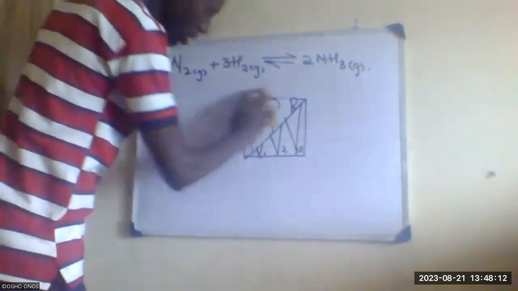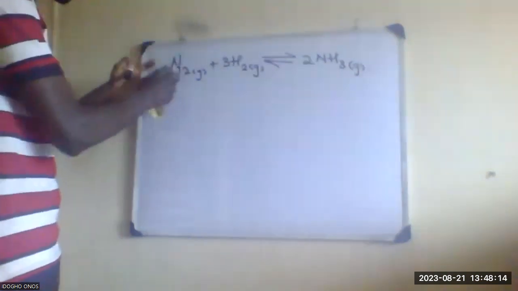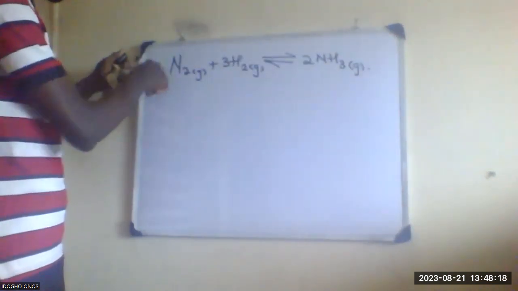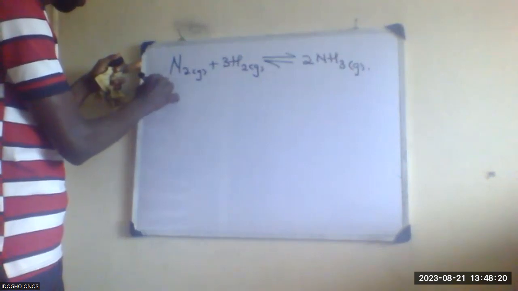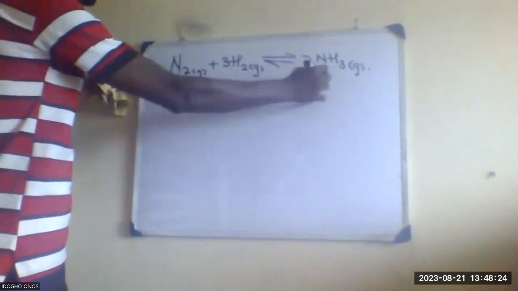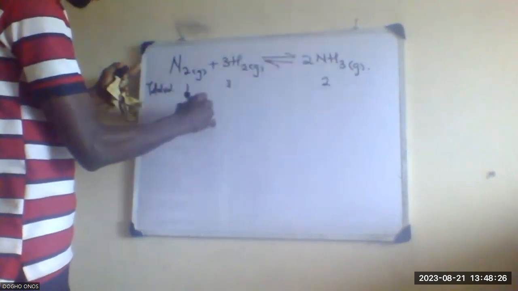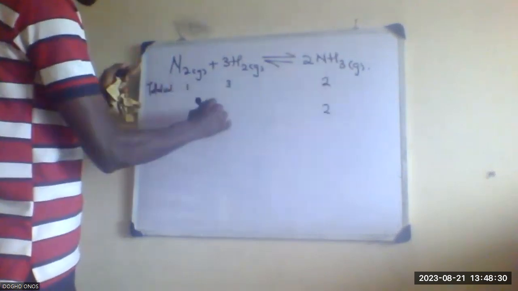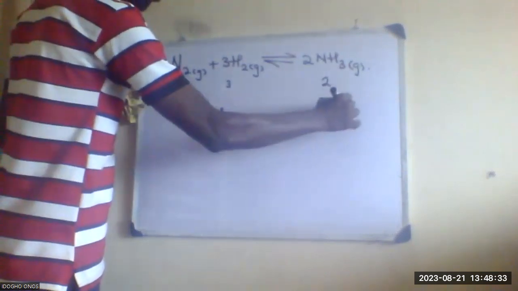Yes. Okay. Now let's consider this equation that we have here. We have one here, invisible one. So I'll write here total volume. This is 1 and this is 3, while this is 2. So total volume here will give me 4, that is 1 plus 3. While this one remains 2 volumes.